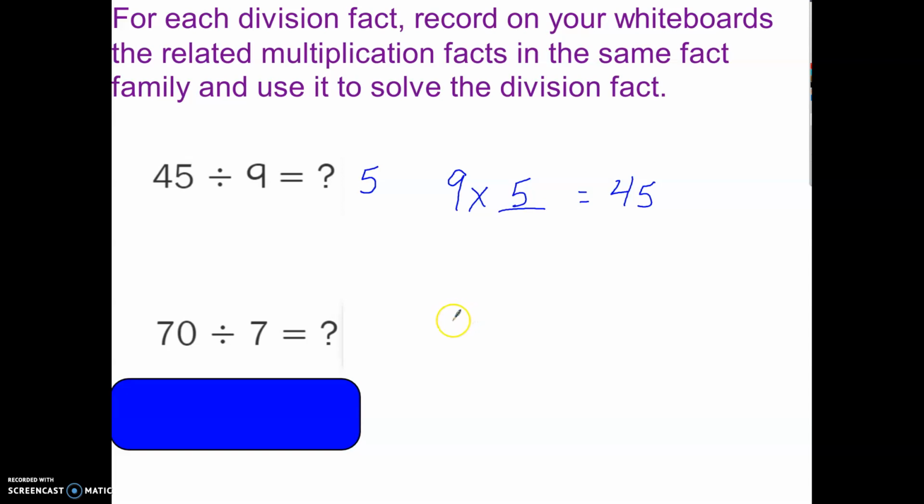So you're going to think to yourself, 7 times what number equals 70? 7 times 10 equals 70. So 70 divided by 7 is going to be 10. All right, you can go ahead and erase your board, and we're going to get ready for the math message.